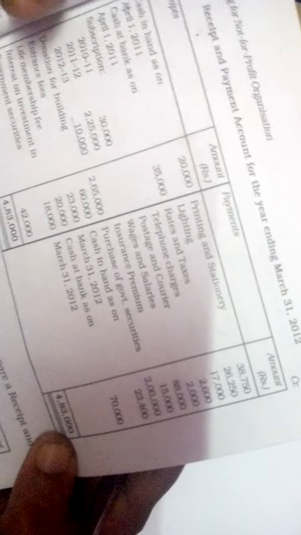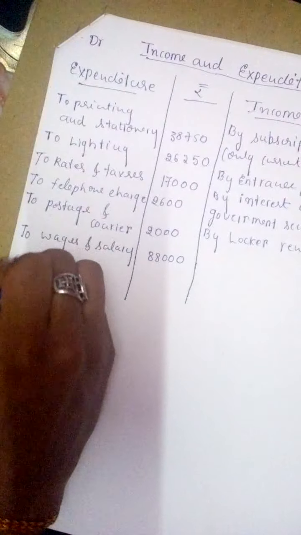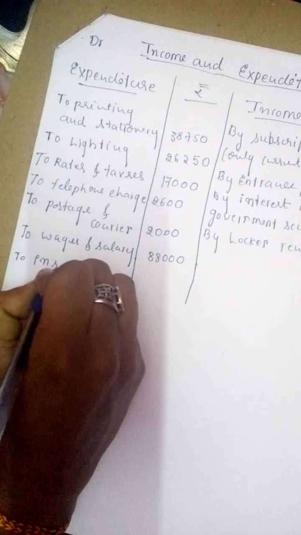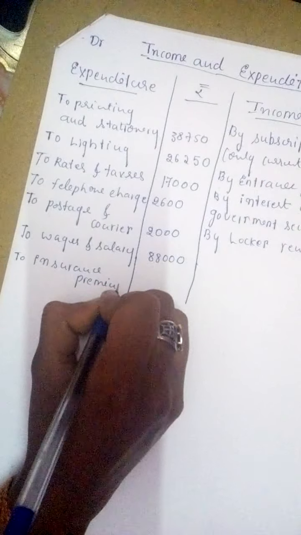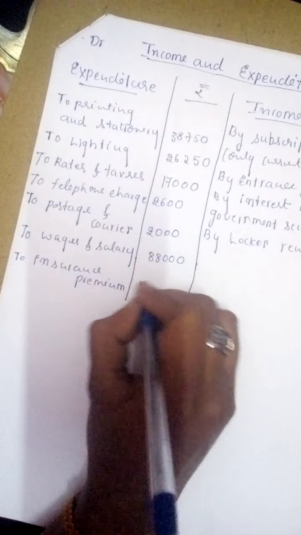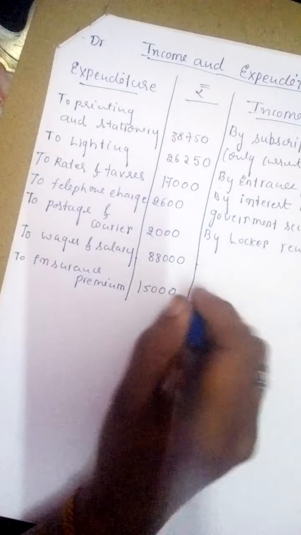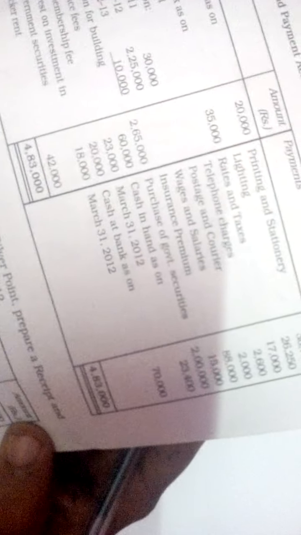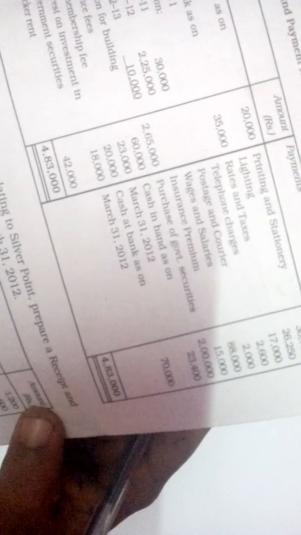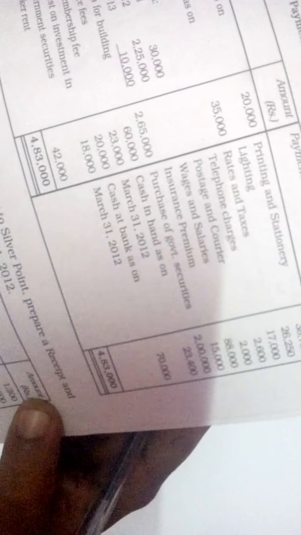What is next? Insurance premium should be recorded to premium amounting to rupees 15,000. Then they have given the purchase of government security. It should not be recorded as it is a capital payment. Then the closing balance should not be recorded.